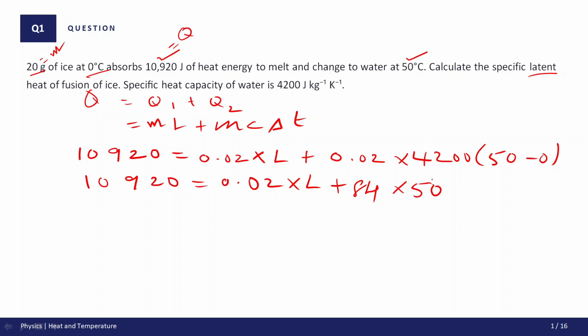Let's multiply. Okay, we'll write the step here. 10920 equal to 0.02 into L plus 84 into 50. This is equal to 4200.